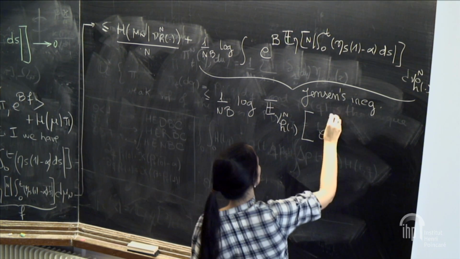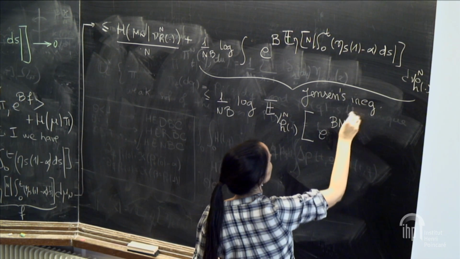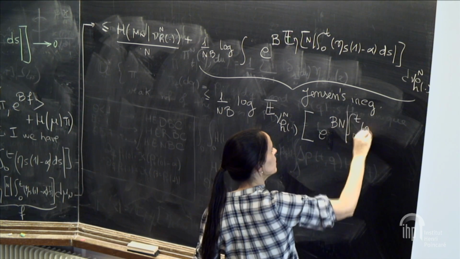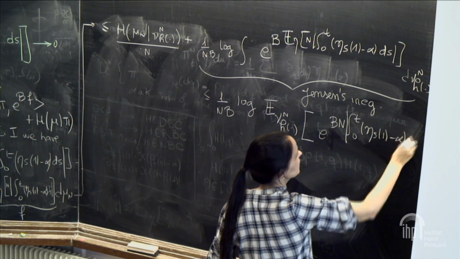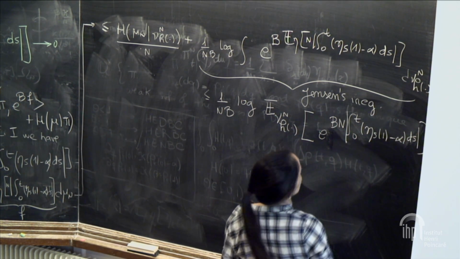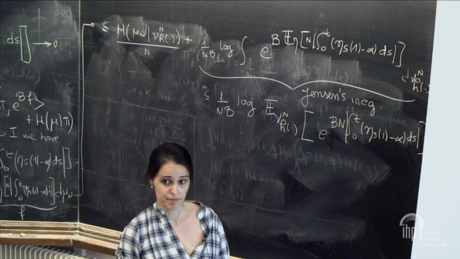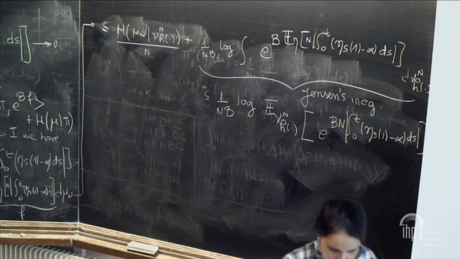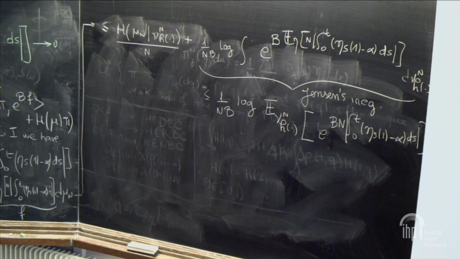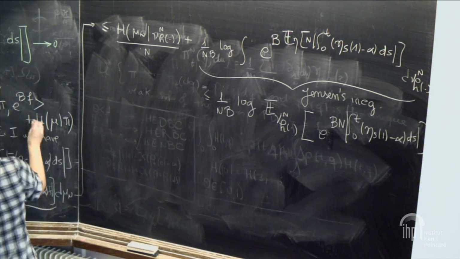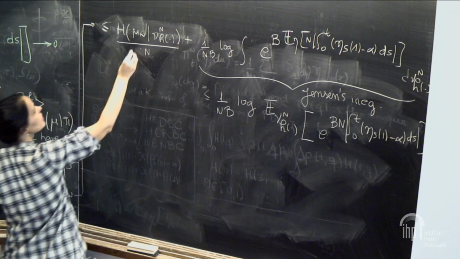The exponential of Bn integral, yeah, okay? Okay, so what I say, yeah, I forgot a B. I think here there is a B missing. And here there is a B.